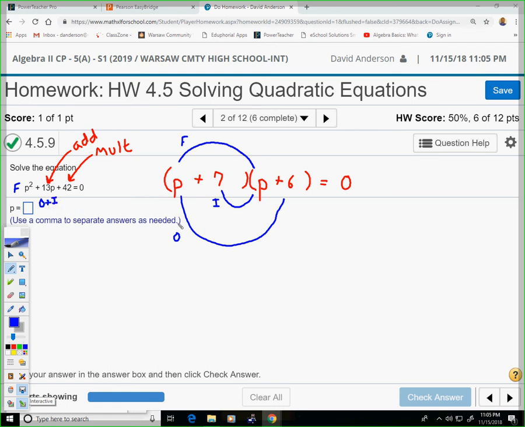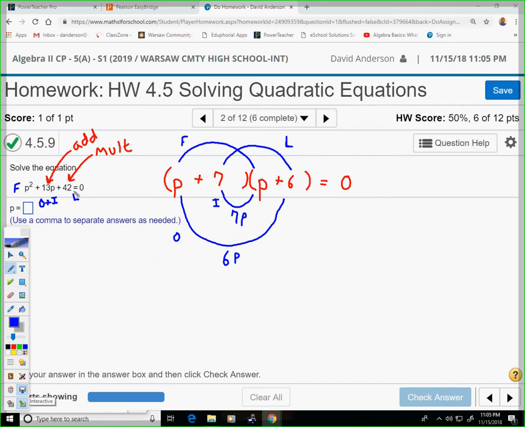So p times 6 is 6p, and 7 times p is 7p. 7 plus 6 gives us the 13. And the only way that we get this number without any letters in it is to multiply two just plain old numbers together without any letters, as 7 times 6 is 42. That's the L of FOIL.